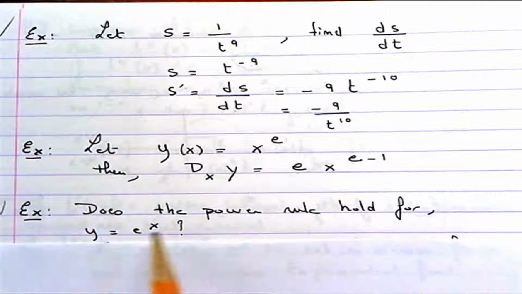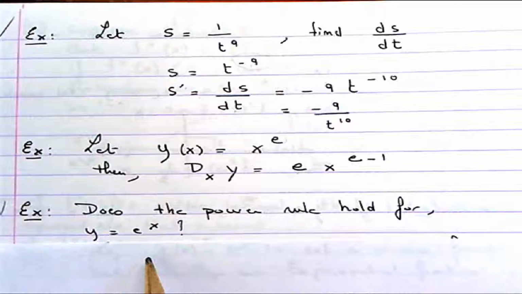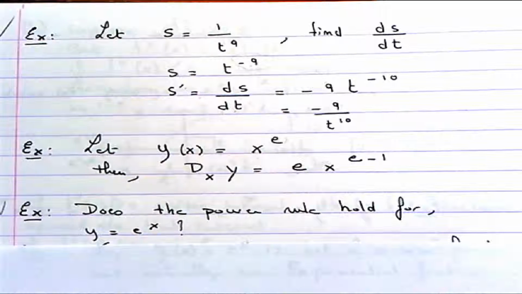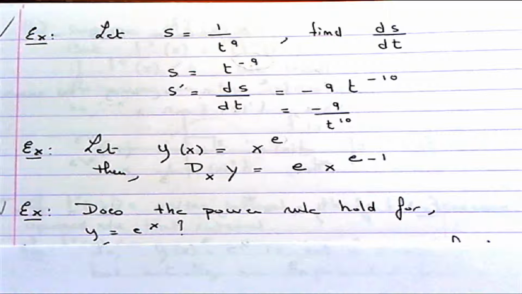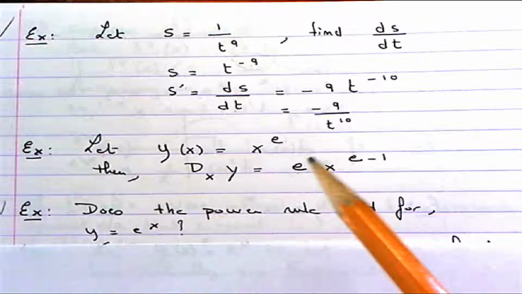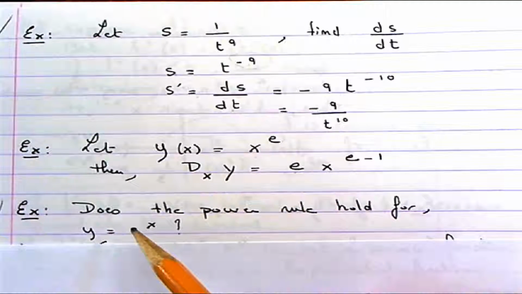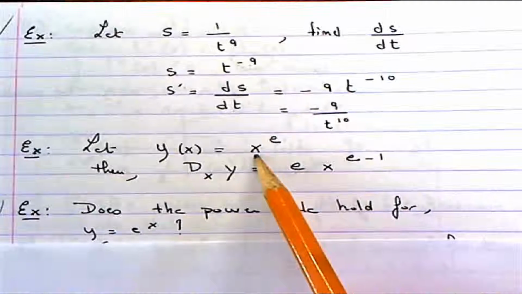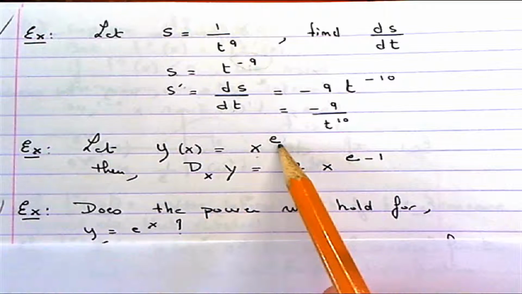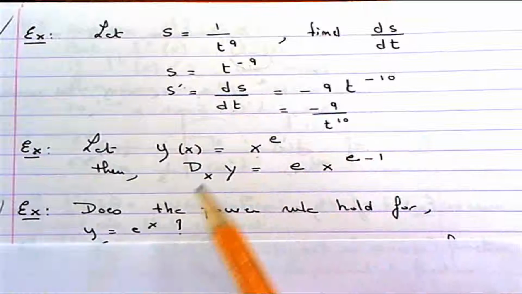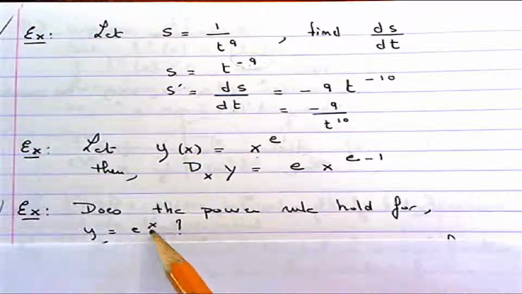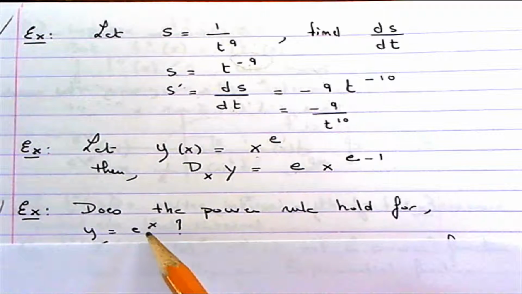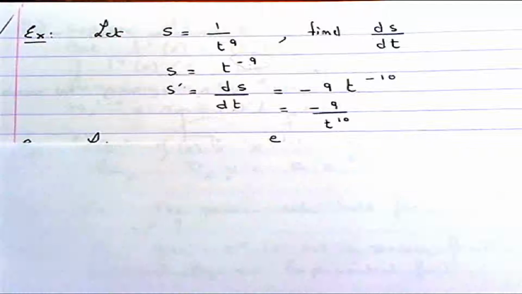Another question: does the power rule apply for y equal to e to the x? What do you think? This is a very common question because there are two different examples here. This one here is x to the e, but the reverse of this is e to the x, and you have seen this before, people, right? It looks something like what?